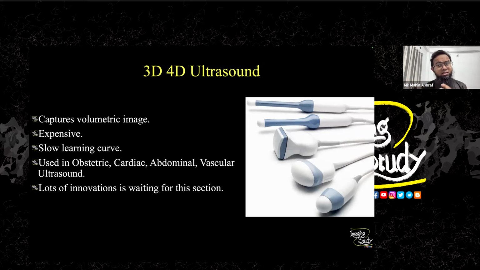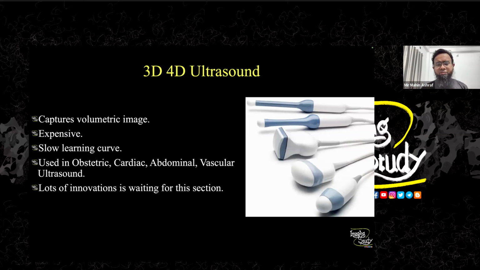And if you can see these 3D images moving in real time, it will be called 4D ultrasound. So we'll talk about the 4D later. It's an expensive one. The transducers are very expensive. I know about my transducer. So it's very expensive. And 3D and 4D need patience. You won't be able to learn it in a day. So you need patience. It's a slow learning curve.